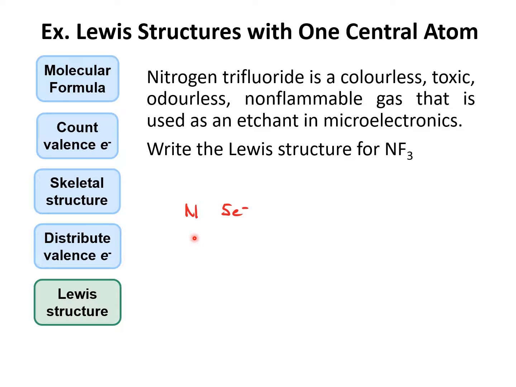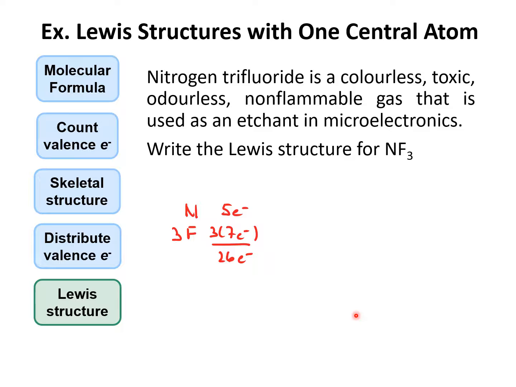Now, you should recall that nitrogen, being a group 15 element, has 5 valence electrons, and fluorine, which is a group 17 element, has 7 valence electrons. And since there are 3 fluorine atoms in our molecule, we have 3 times 7, which is 21 valence electrons for the fluorine atoms. Adding them all together gives us 26 valence electrons in our molecule.